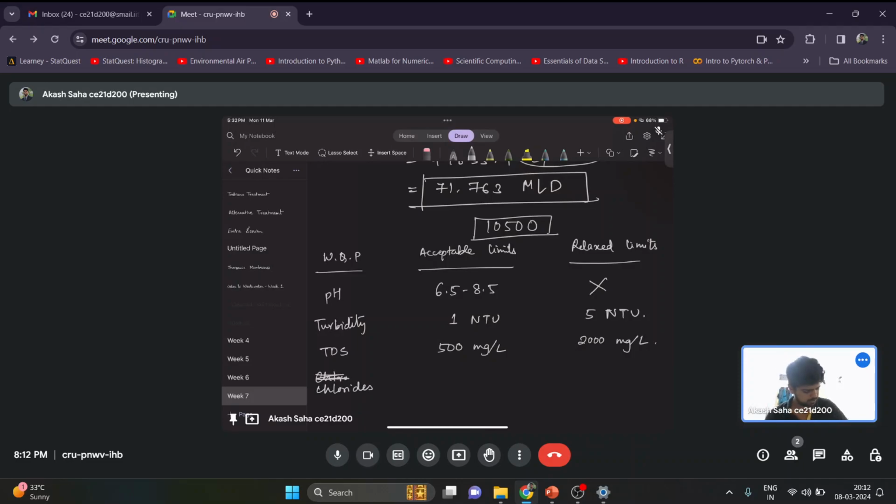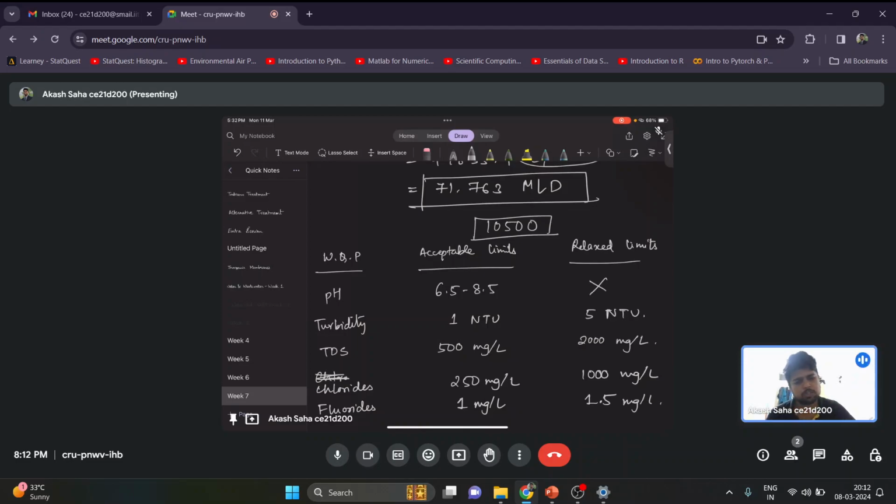In the case of chloride, it is 250 milligram per liter and 1000 milligram per liter. In the case of fluorides, it is 1 milligram per liter and 1.5 milligram per liter.